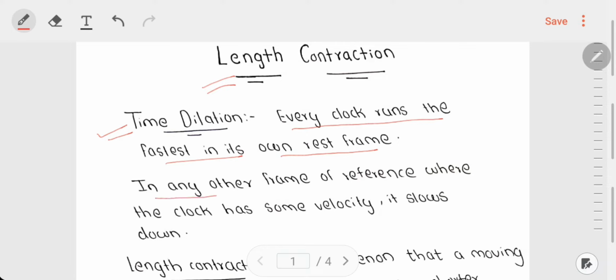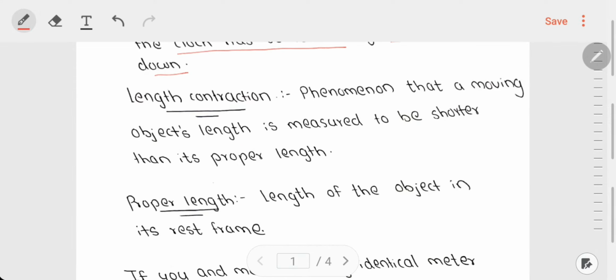So in any other frame of reference where the clock has some velocity, it slows down, which means that its time period is increased.